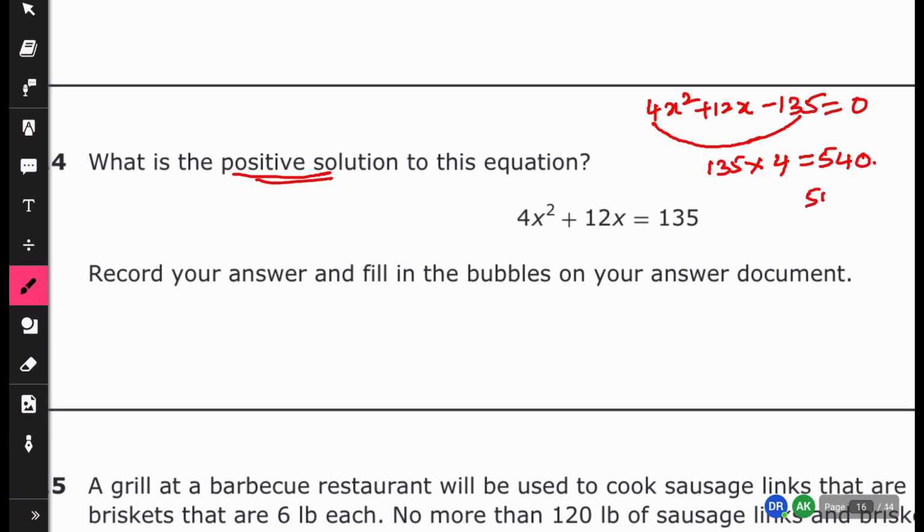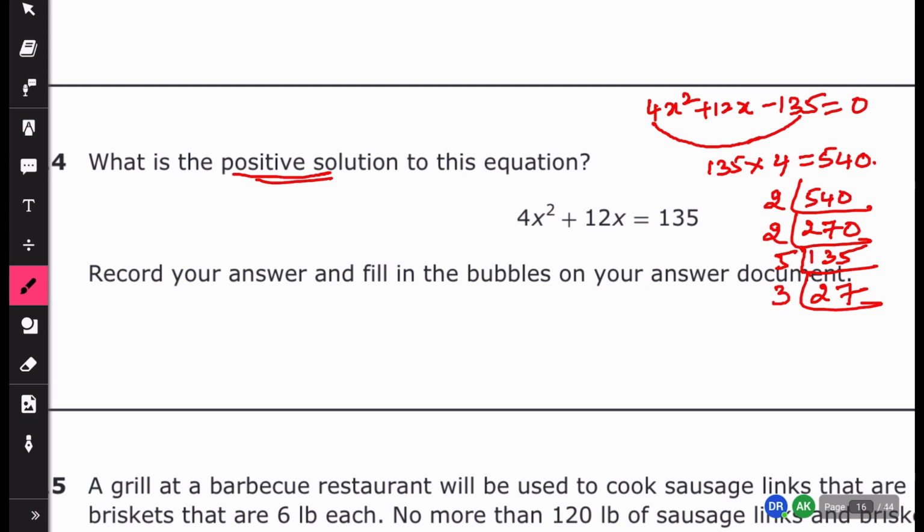So 540 factors are, you can write it as 2: 2 2s are 4, 2 7s are 14, 2 1s are 2, 2 3s are 6, 2 5s are 10, then you can go into the 5 table. So 5 2s are 10, 5 7s are 35.